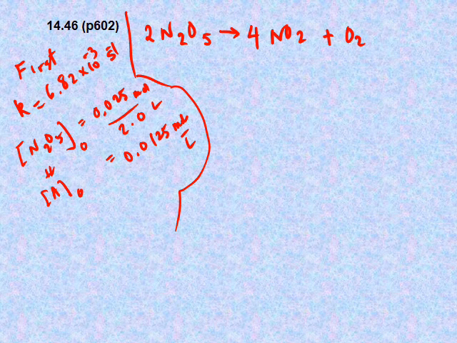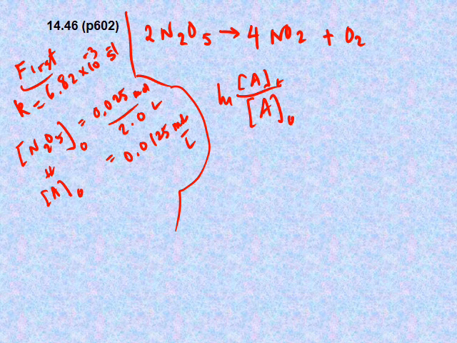Now we are going to use this expression that we discussed before for a first order reaction. So that's important for us to know. So natural log of At over A0 equals minus kt. k is the rate constant and t is the time when the change had happened from initial concentration A0 to final concentration At.